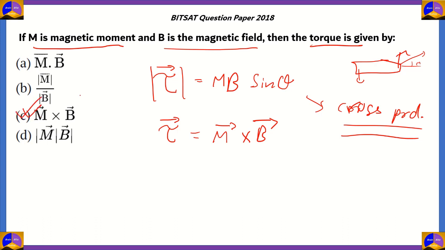All the other options are incorrect, because for D and B there is no sin θ that comes into play, and option A is the dot product, which means it has to be in terms of cos θ. So that is also incorrect. The correct option is M cross B for the expression of torque.